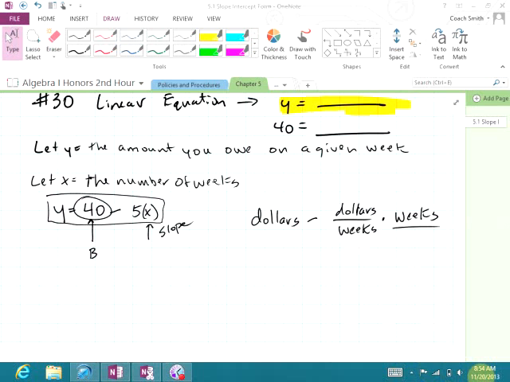And obviously, when you look at this, the weeks cancel out, leaving you with the dollars minus the dollars. You do not have to do this. Basically, unit analysis is what label you end up with. I'm not concerned. Y'all are pretty smart. You know that what you're going to come up with is dollars and not weeks.